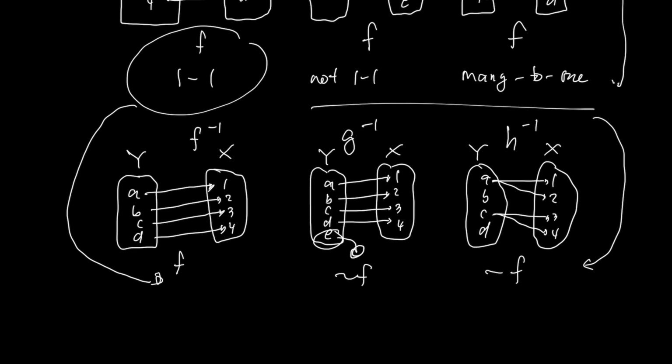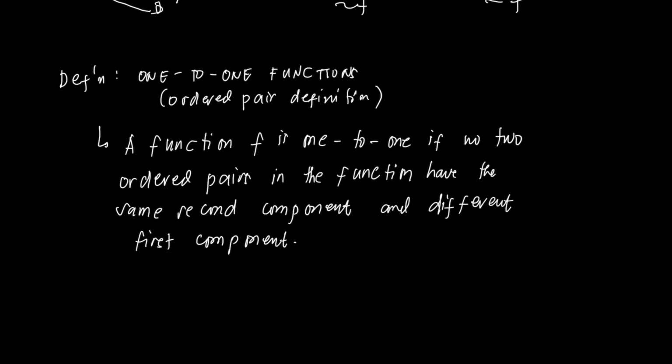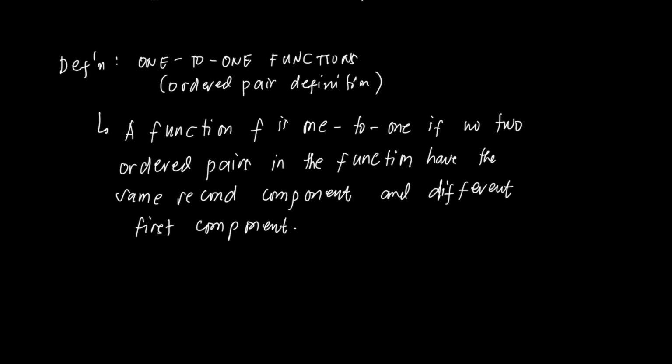So what are 1-to-1 functions? This is the definition of a 1-to-1 function. A function f is 1-to-1 if no two ordered pairs in the function have the same second component and different first component. Okay?